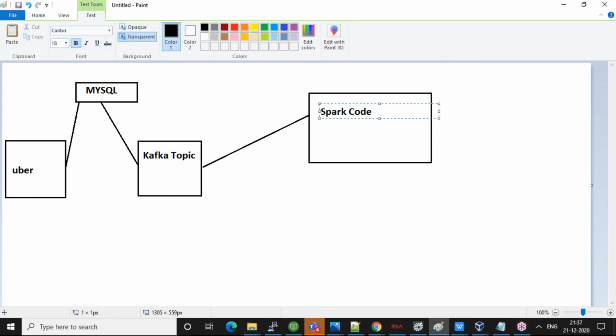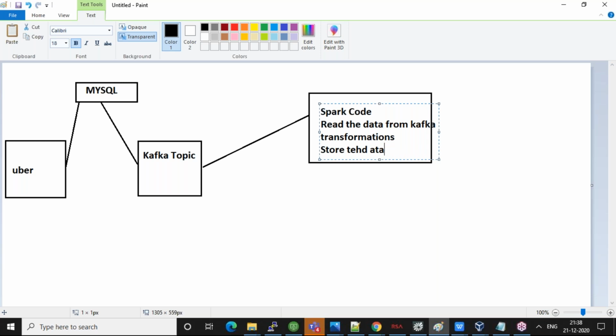First point, read the data from Kafka. Second, you need to apply transformations, and then you want to store the data.